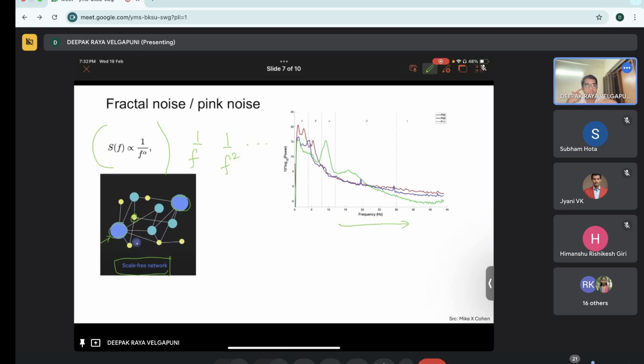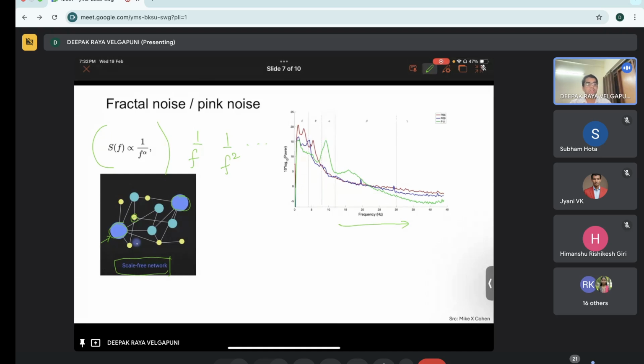There are many oscillators oscillating at lower frequencies than oscillators oscillating at higher frequencies. Because of this mismatch in number, as you go to higher frequencies the number of oscillators decreases, and this causes this kind of noise called pink noise.